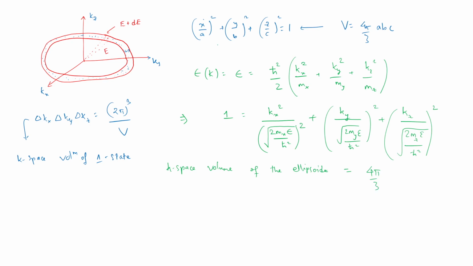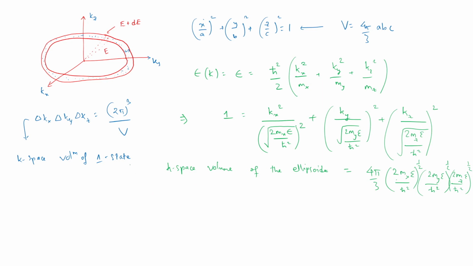Now our abc is the denominator of x, y and z. Here it will be the denominator of kx, ky and kz. So it would be 2mx epsilon by h bar square, 2my epsilon by h bar square, 2mz epsilon by h bar square, all to the power 1 by 2. This is how it will be.